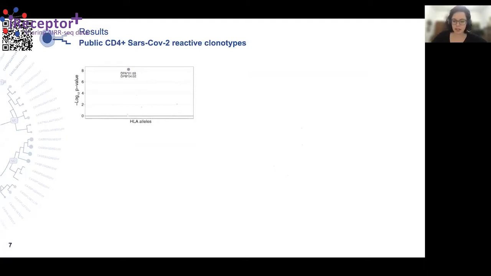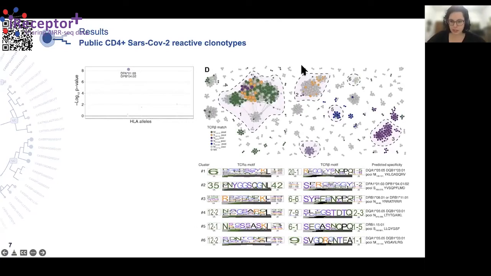Then we used NetMHC to identify the strongest peptide binders to the identified HLAs among these peptide pools that were known to bind to these TCRs, and that's what you see here.